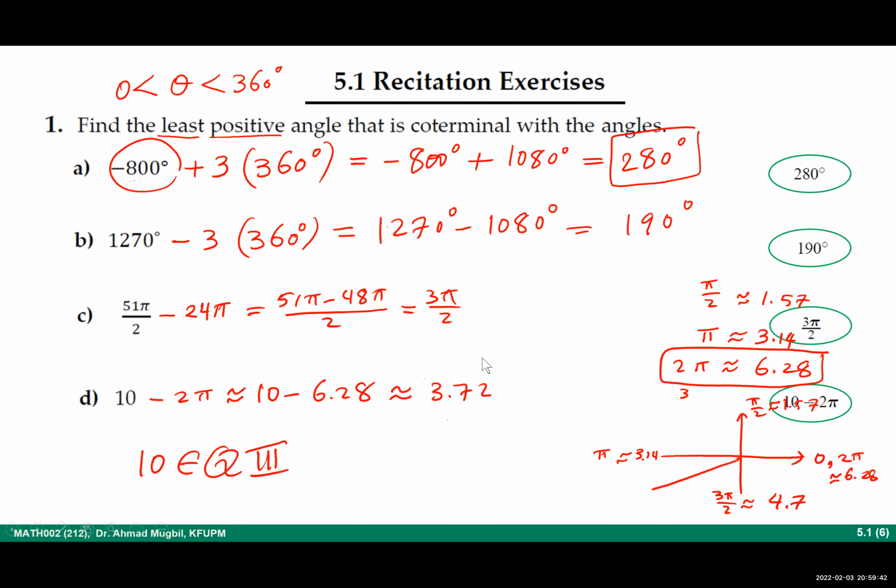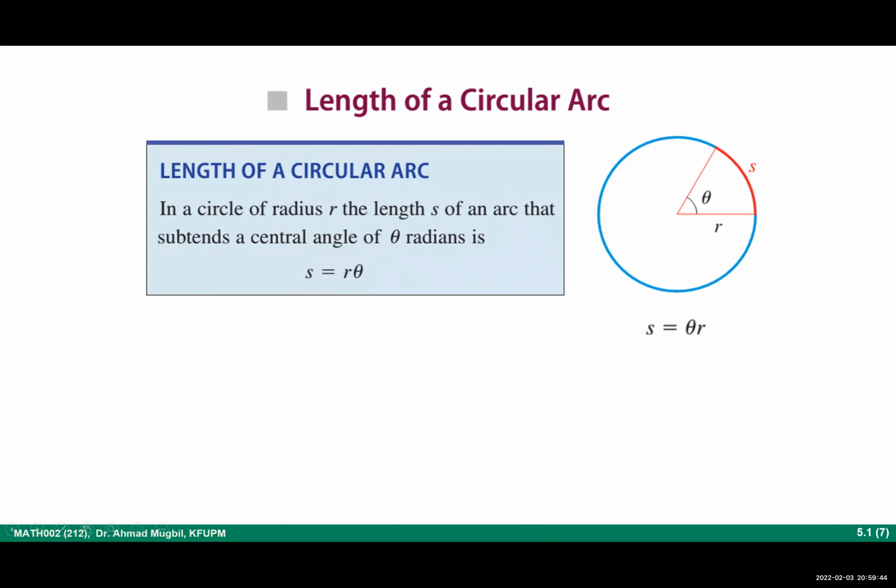Now, the second part of this section is about the circular arc. Again, as I told you, when the radius is 1, we define the radian like this. When this is 1, S is equal to theta. They are the same. The length of the arc here is the same as theta. But if the radius is r, not necessarily 1 in general, then the length of the arc that subtends the central angle theta is equal to theta r.